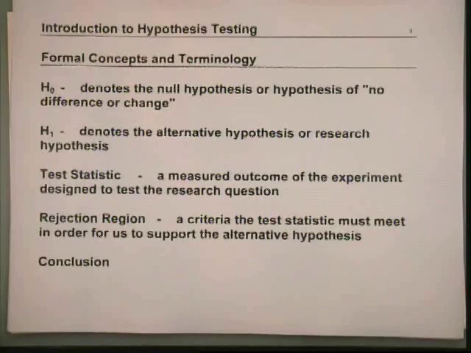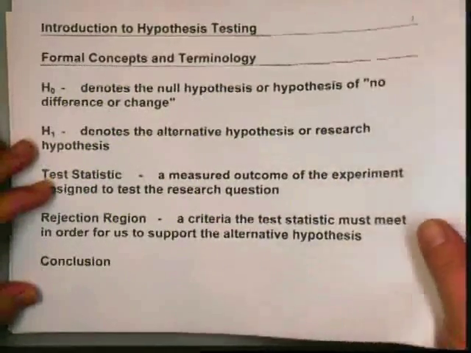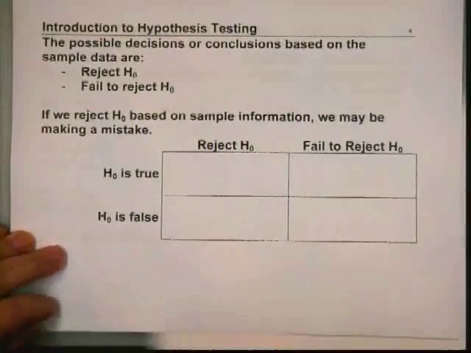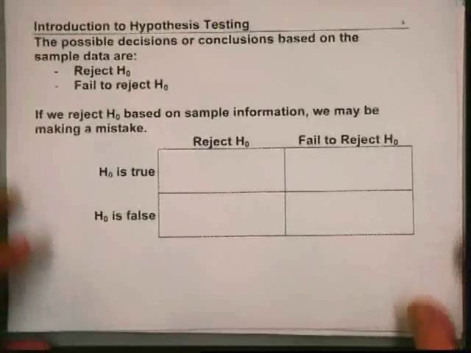So we want to minimize the probability of being incorrect or making those kinds of mistakes. There are two kinds of mistakes we can make, and two kinds of right decisions we can make. We outline those right decisions and those mistakes in the following illustration.